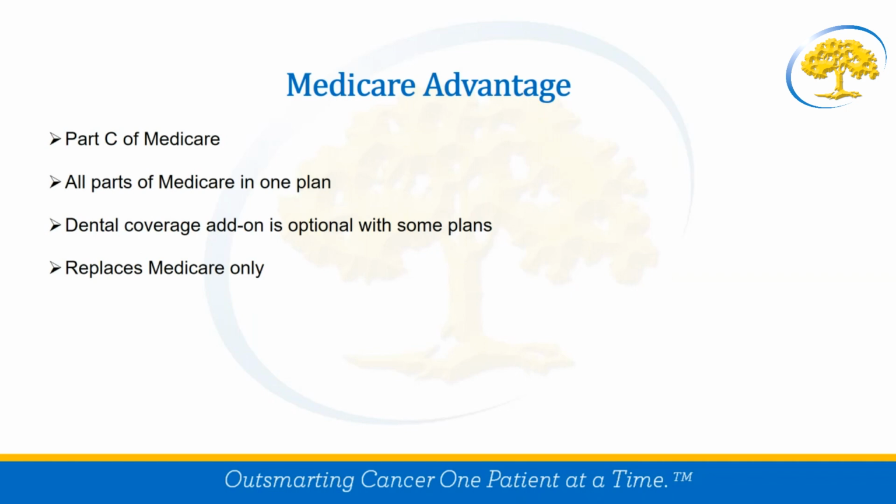You have Humana Medicare HMO, because everything is replaced and put into one policy. So you don't have two insurances, you now have one. And then dental coverage is an option that you can add on. Typically it's like $20 a month for you to add on with that plan. And then, as I said, it replaces Medicare.